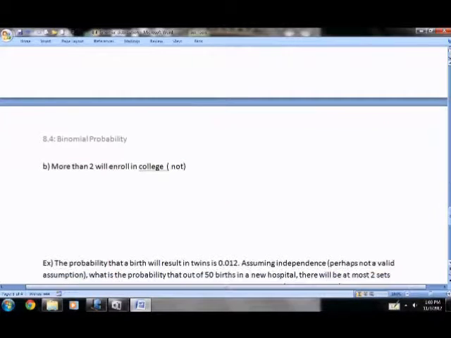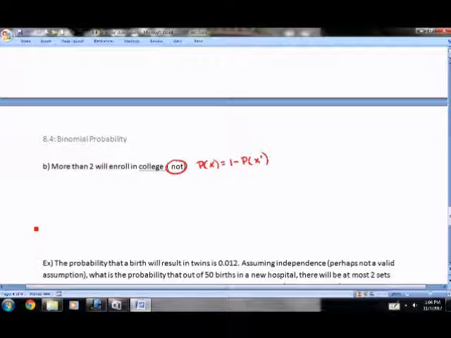So what if you want to say more than 2 will enroll in college? Well, more than 2 means you could be 3, 4, 5, 6, 7, 8, or 9. That's ridiculous. It's way too much work. So instead we do a shortcut. Remember, anytime you're dealing with a "not" situation, the probability that something will happen is the same thing as 1 minus the probability that the event will not happen.